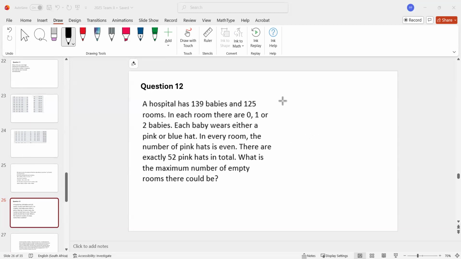So let's just draw these rooms. And these babies are going to be inside these rooms. And so on. But there are 125 rooms.